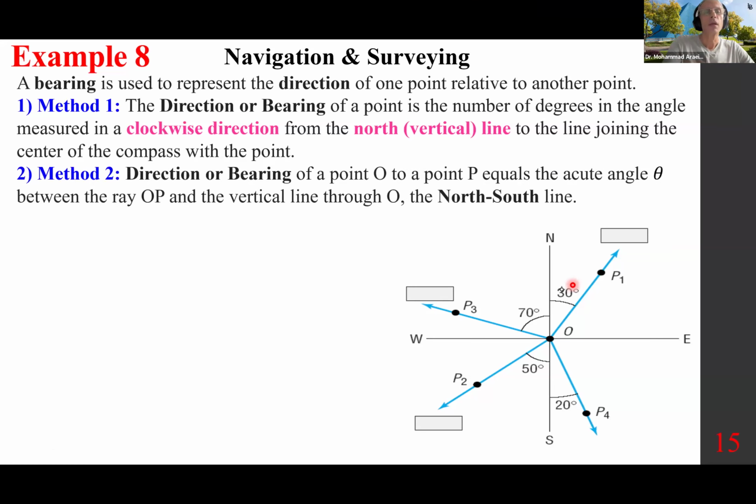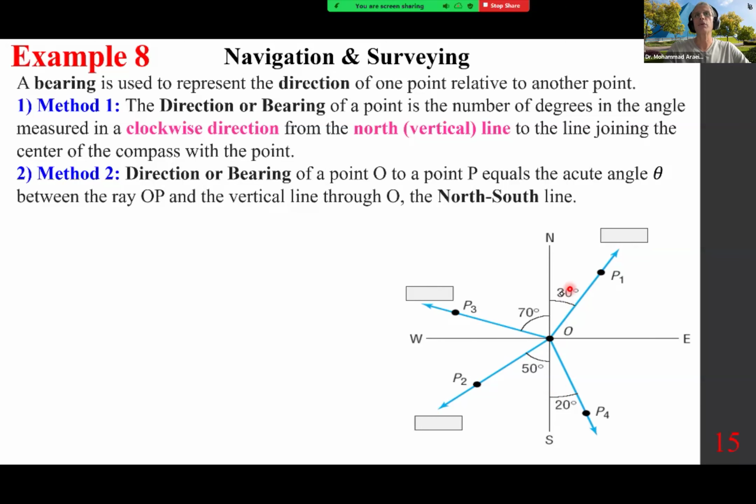Method 2. Direction or bearing of a point O to a point P equals, so these are the points. The acute angle theta has to be between 0 and 90 degrees, between the ray OP and the vertical line through O, either the north or the south line.